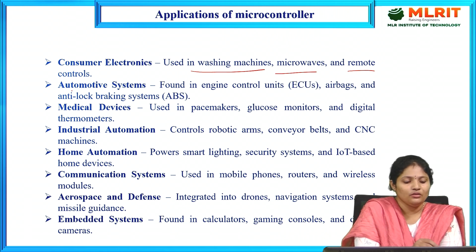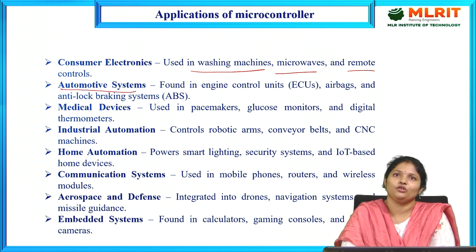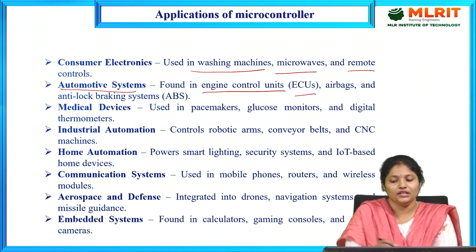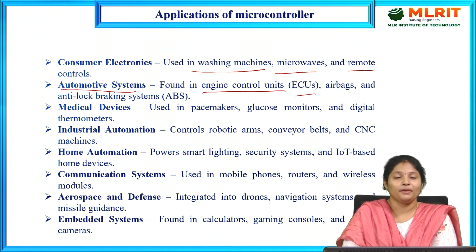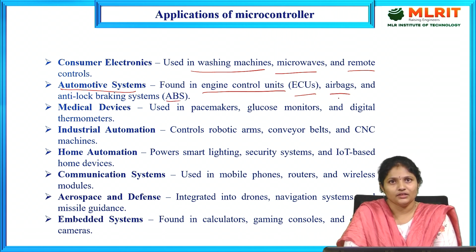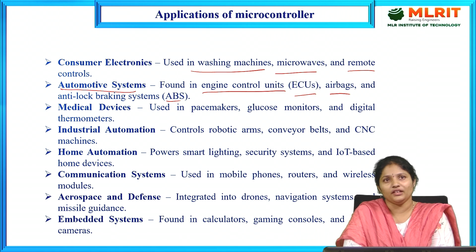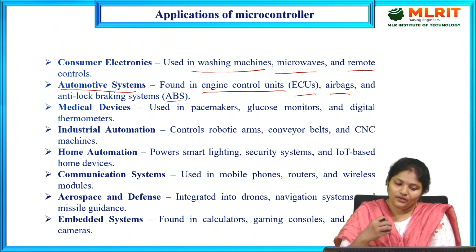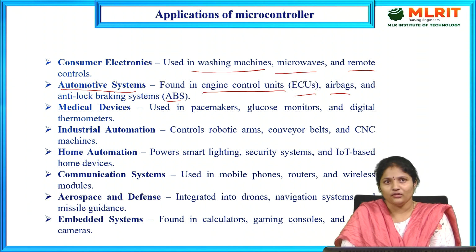In automotive systems, we find engine control units, ECUs, airbags, anti-lock braking systems, anti-theft systems. All these have microcontrollers. In medical devices, pacemakers, glucose monitors, ECGs, EEGs, everything digital. Where we are using digital, there is a microcontroller.